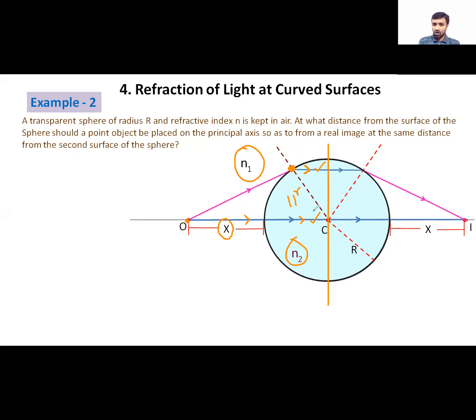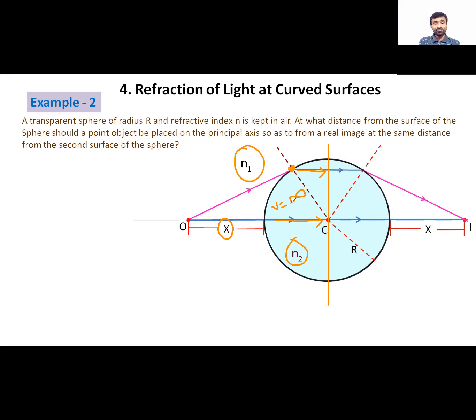Are they parallel or not? They are parallel, right? So this ray and this ray never meet for any extension. So in this case, the image will be formed at infinity distance. So I am taking the image distance for the first refraction as infinity.